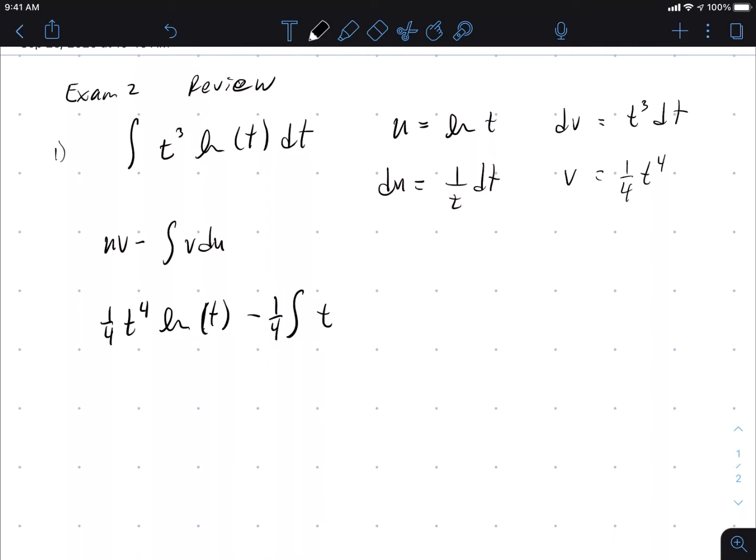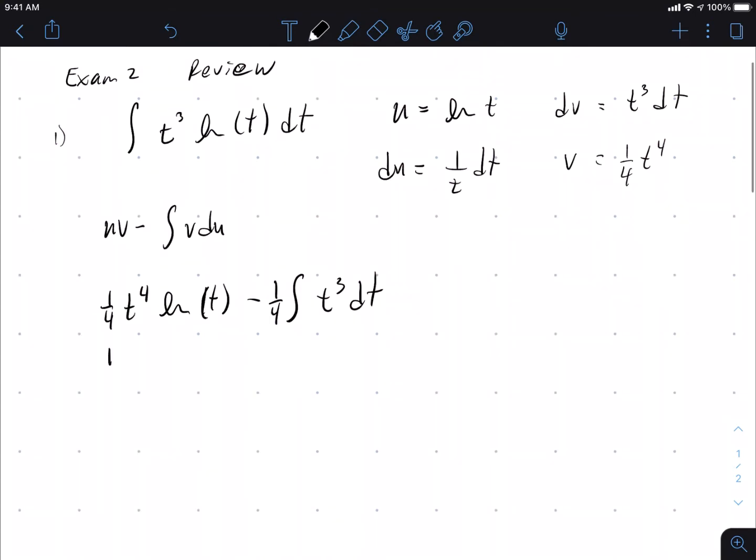The t's will cancel, so I'm going to get t to the 3rd dt. Are we in agreement? And so this will yield 1/4 t to the 4th ln of t minus 1/16 t to the 4th plus some constant c. Don't forget the constant c. This is indefinite, and since it's indefinite, we must have our constant there.